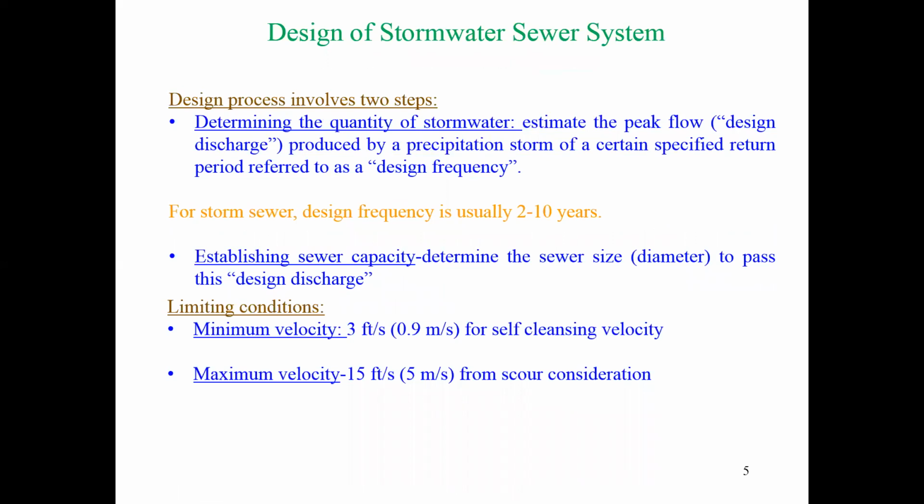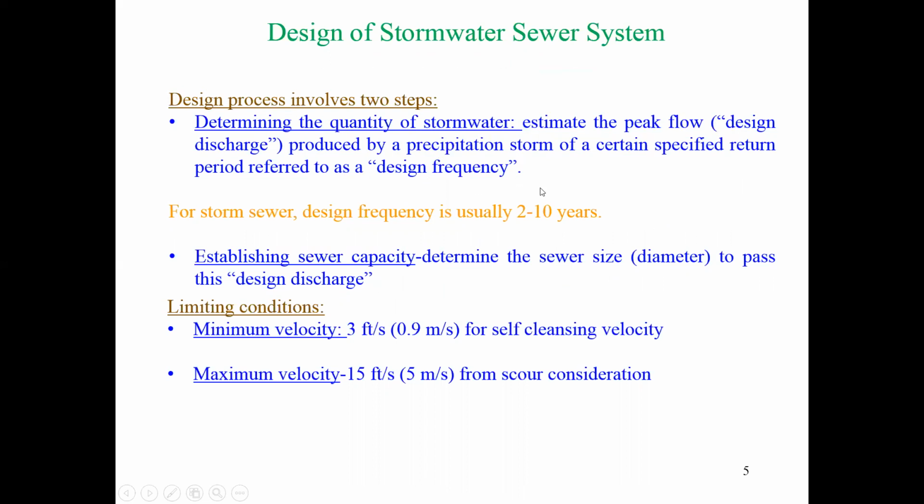For designing this, there are two steps. As I said, the first is to determine the peak flow or peak runoff, which will act as the design discharge, and which is produced by a precipitation storm of a certain specified return period, referred to as the design frequency.